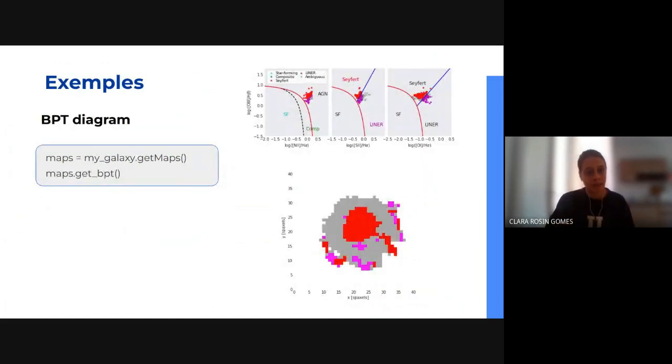For BPT diagrams, you just have to insert 2 lines of coding, and then you have the 3 BPT diagrams, and also a map of this galaxy showing which pixel belongs in each position in the BPT diagram.